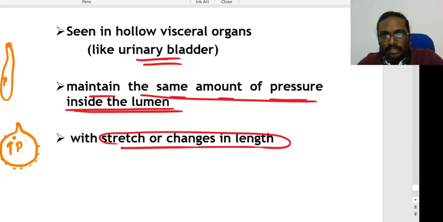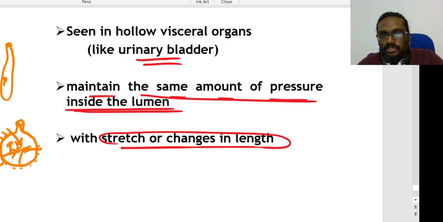In a balloon, as you blow, the walls are at high tension. What does it mean? If you just release, it comes back very fast to its original length. It wants to retain its length at a very fast rate. That's not the case with the urinary bladder.